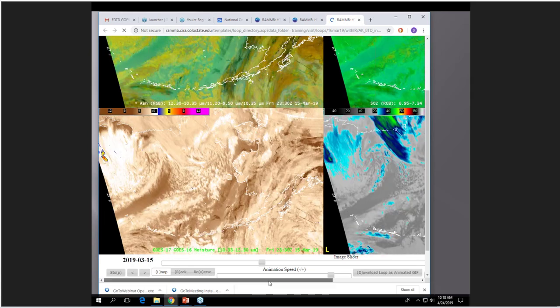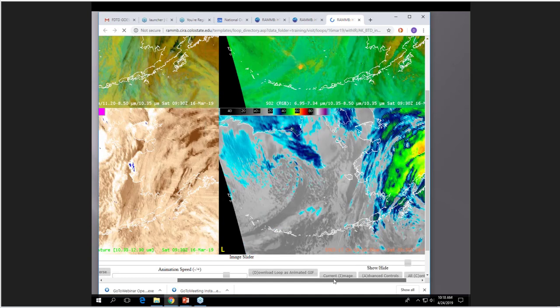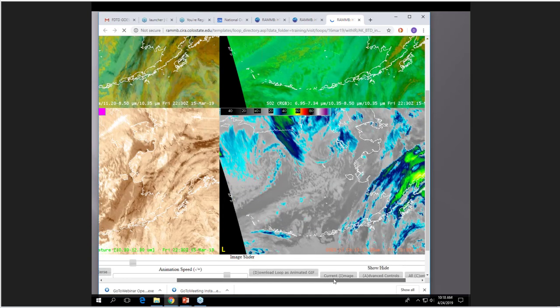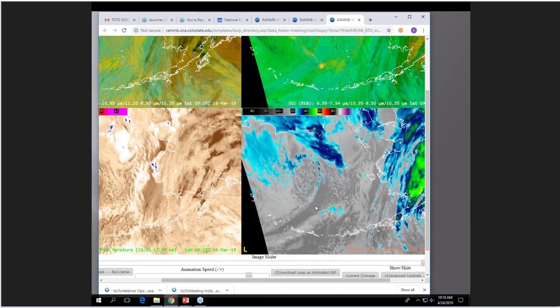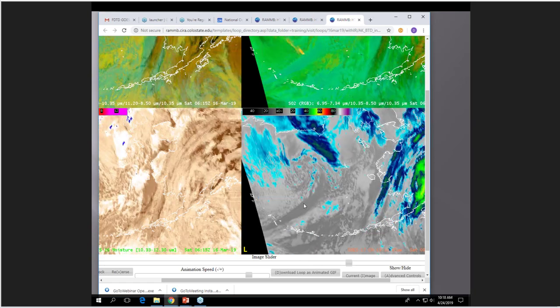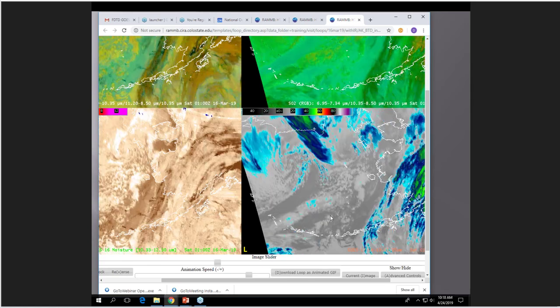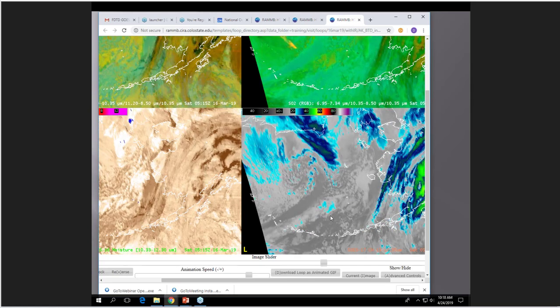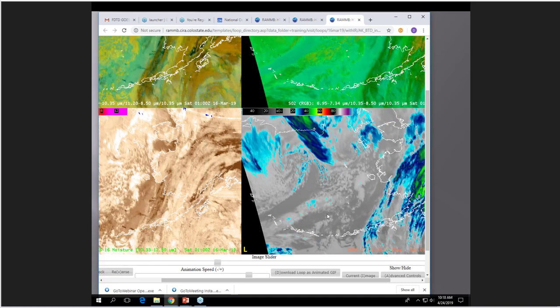Just for interest, on the right is the standard IR again. And you can see the plume as it crosses this area with ocean background, and you can make it out at about 8 to 10Z also in this area.